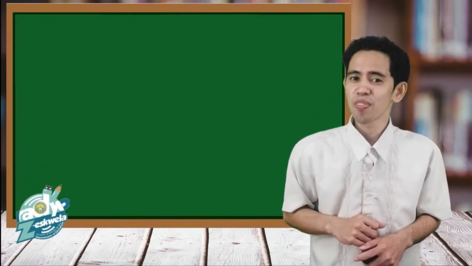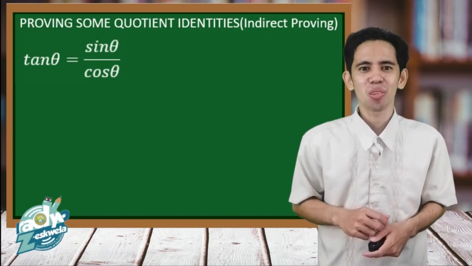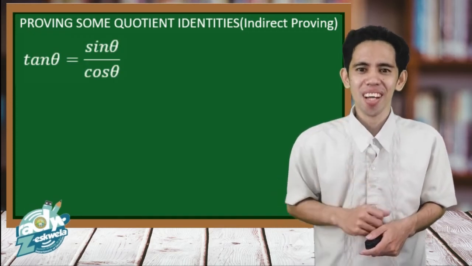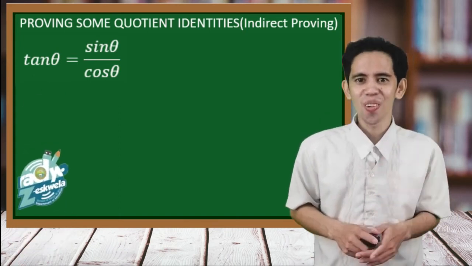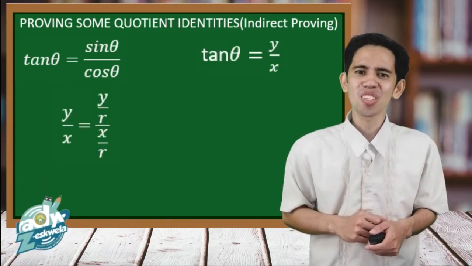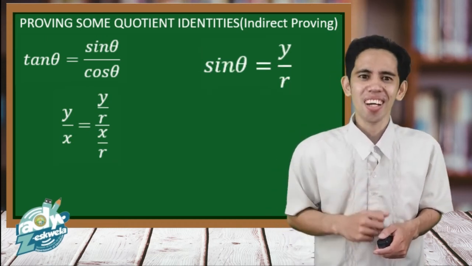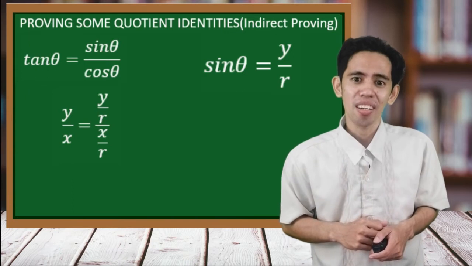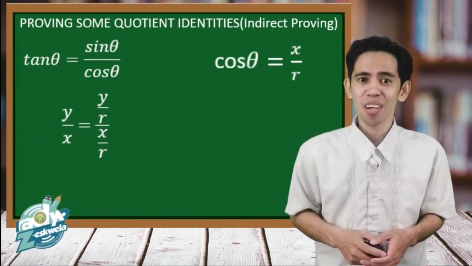Using the indirect proving method, we will prove if tangent theta is equal to sine theta over cos theta is an identity or not. Since tangent theta is equal to y over x, sine theta is y over r, and cosine theta is x over r.